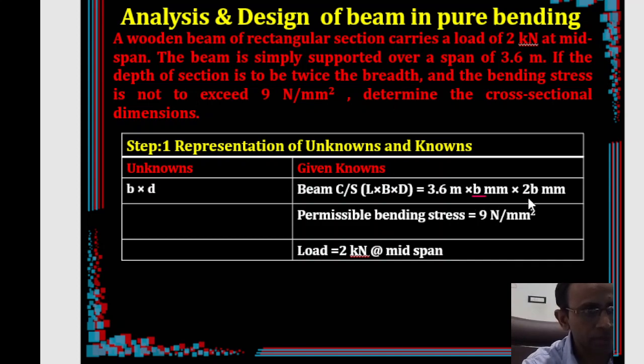Suppose B is your width and D is your depth, it was given that D is 2B. The permissible bending stress is not to exceed 9 Newton per mm square, and he is asking for the cross section, that means he is asking to calculate B and D. So if you represent the details of the beam, basically it is a rectangular beam.